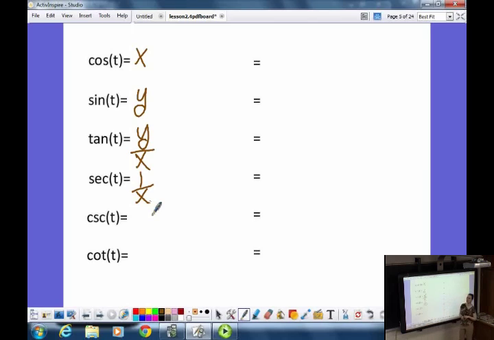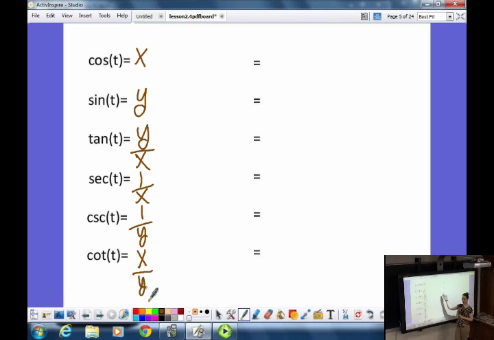And remember the radius is 1, that's why 1 is in the numerator now. What's cosecant the reciprocal of? Sine. So what does cosecant of t turn into? 1 over y. Gotta speak a little louder. What's cotangent of t the reciprocal of? So cotangent of t is now what? X over y.